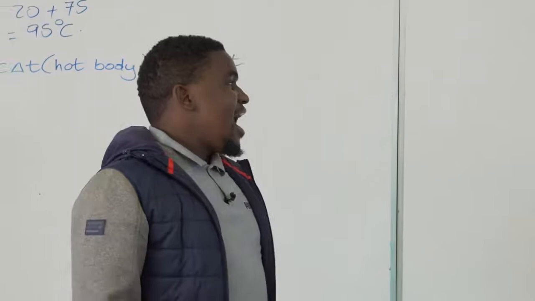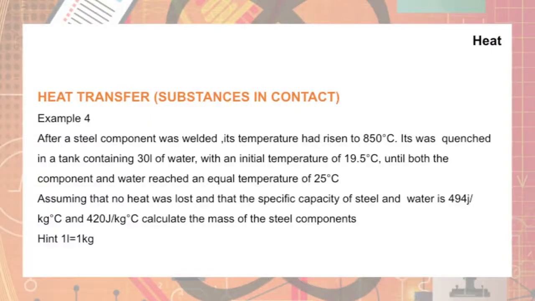They are saying, after a steel component was welded, its temperature had risen to 850 degrees Celsius. It was quenched in a tank containing 30 liters of water with an initial temperature of 19.5 degrees Celsius, until both the component and the water reach an equal temperature of 25 degrees Celsius.